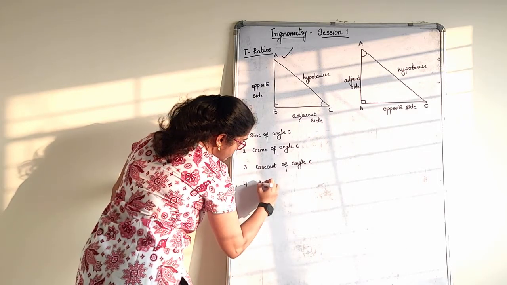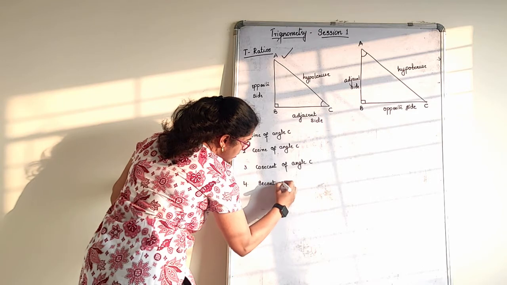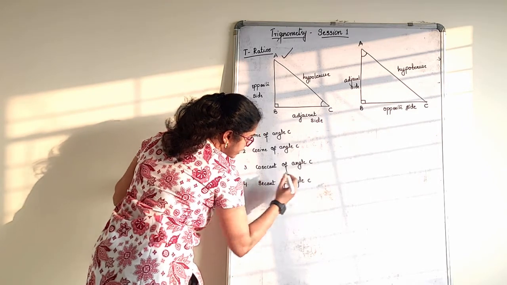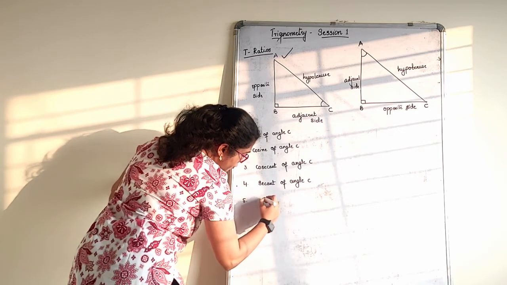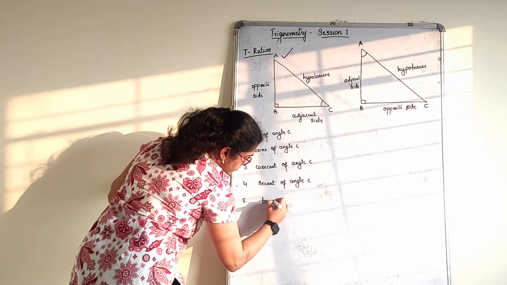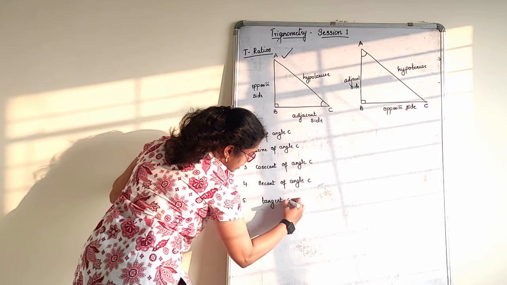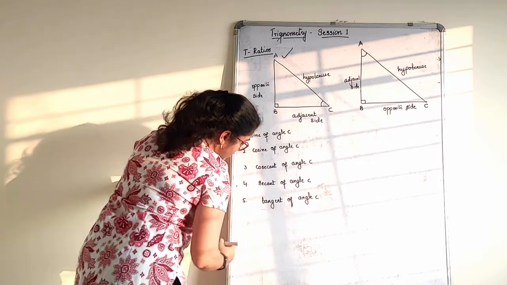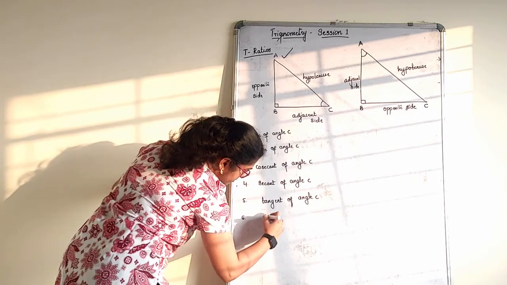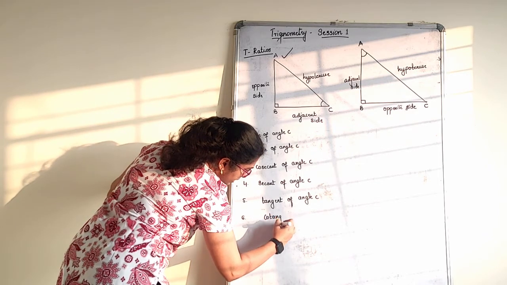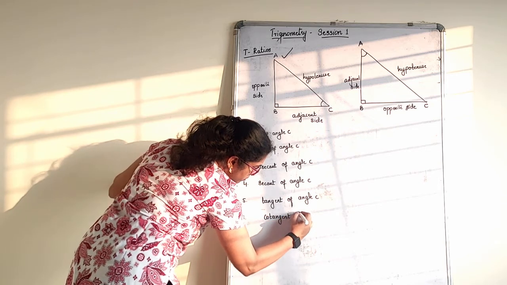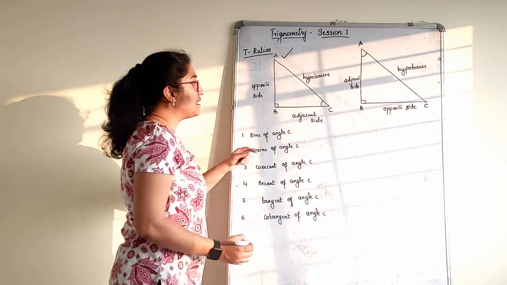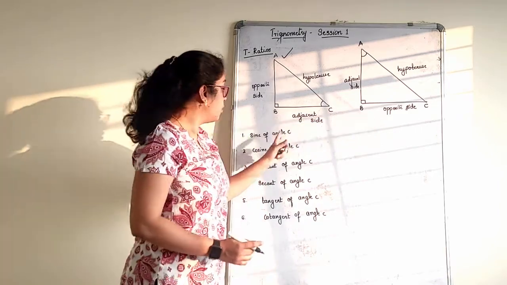Fourth one, secant of angle C. Fifth one, tangent of angle C. And sixth one, cotangent of angle C. If in case I had used this triangle, what it would be?